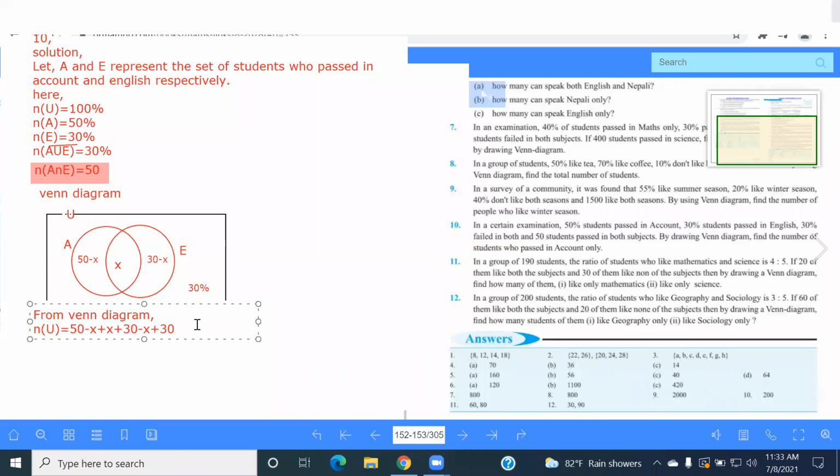Now the number of U is 100%, which equals, let's add these numbers: 50 plus 30 is 80, again plus 30 is 110, plus this minus X plus X can be cancelled. So remaining is minus X.